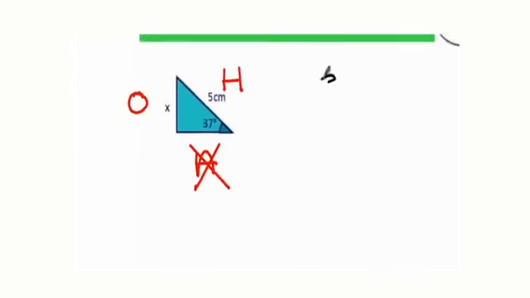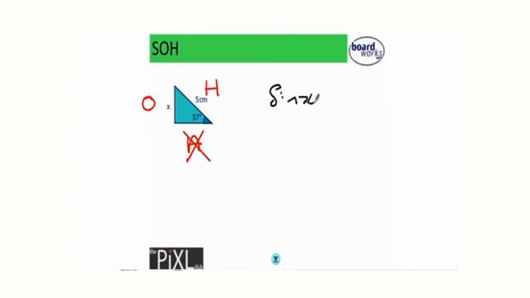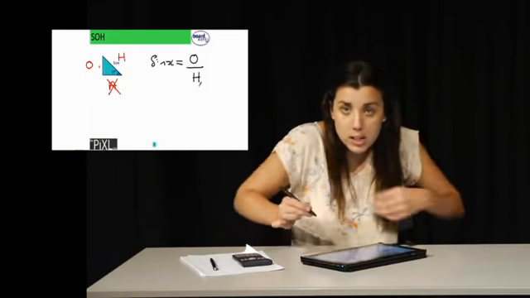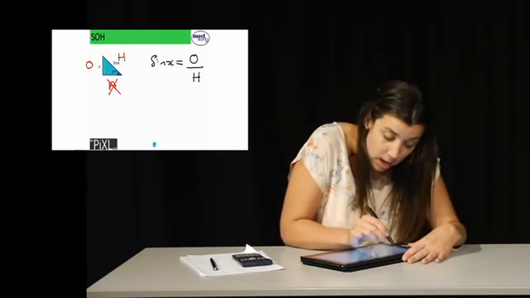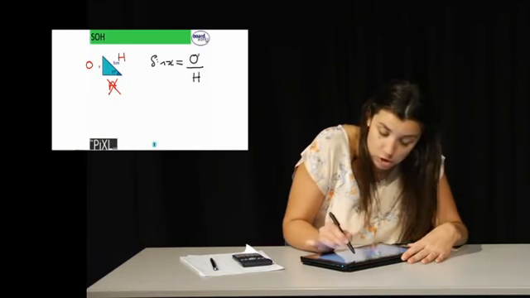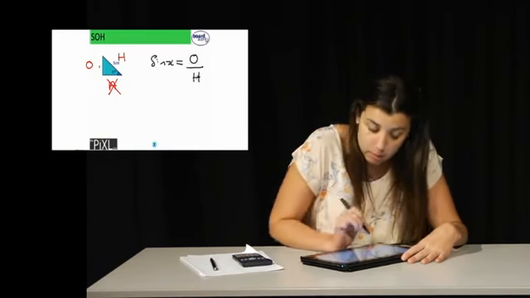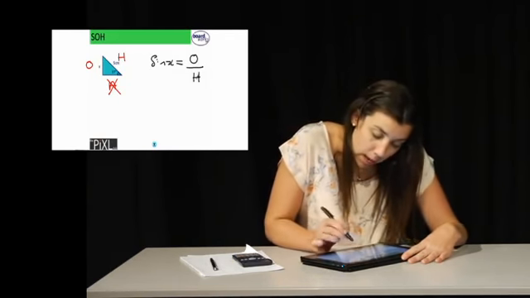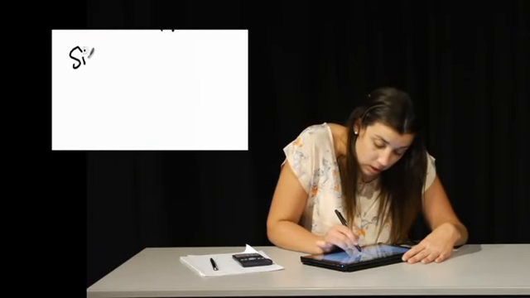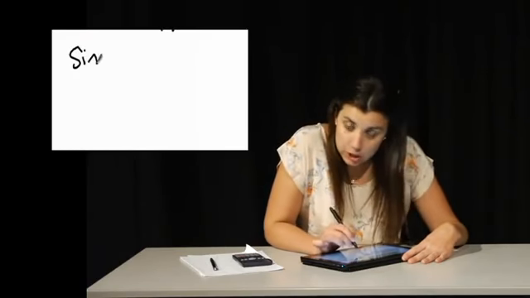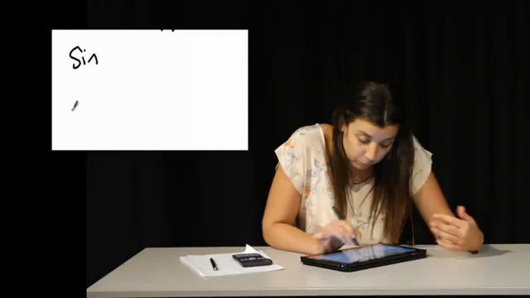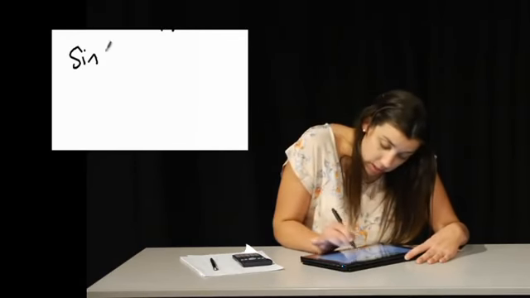So I might then write out sin x equals O over H. O first because SOHCAHTOA, S-O-H. So it's O, the opposite, divided by hypotenuse. Okay, so sin is always attached to the angle, as are cos and tan. So in this case, we know our angle is 37.